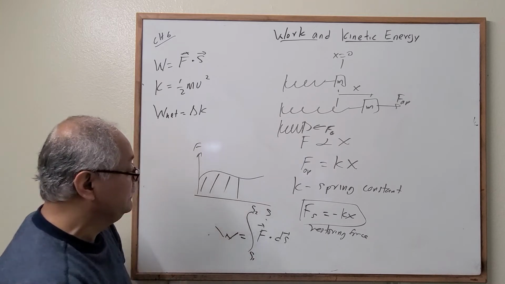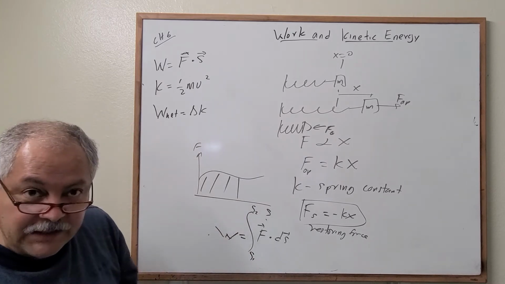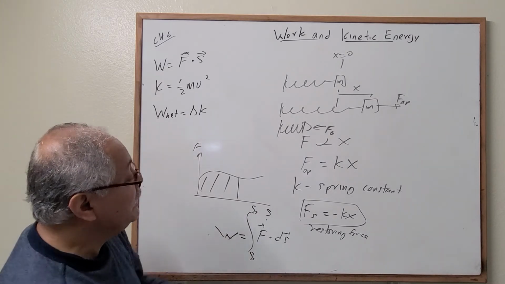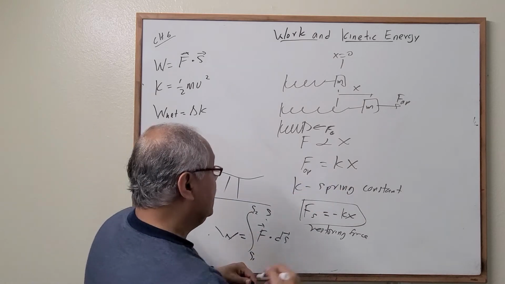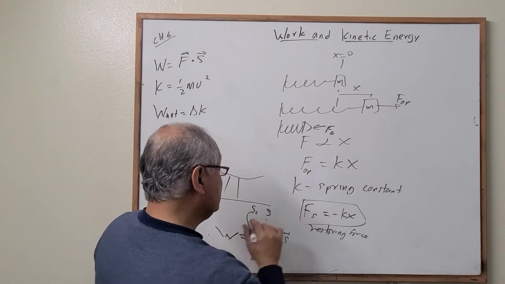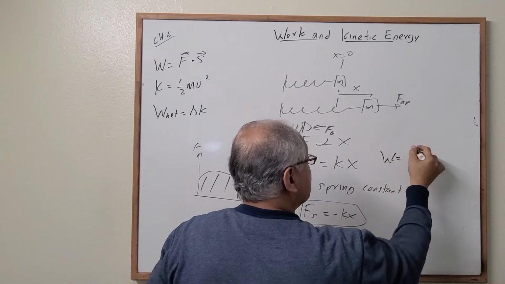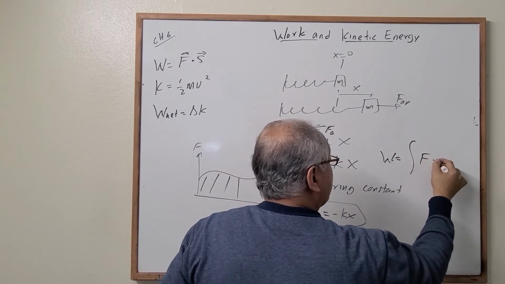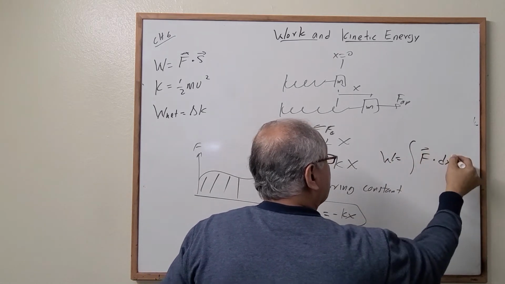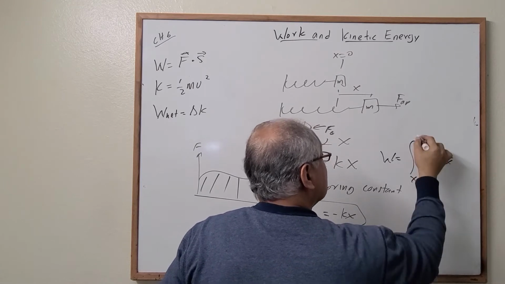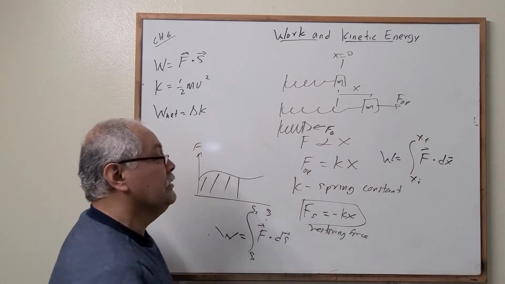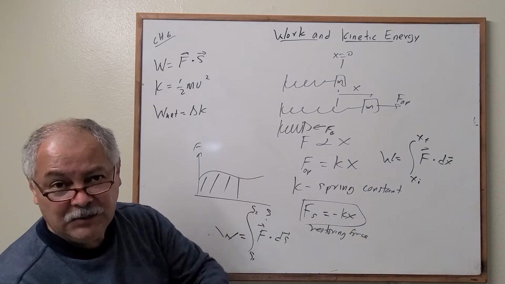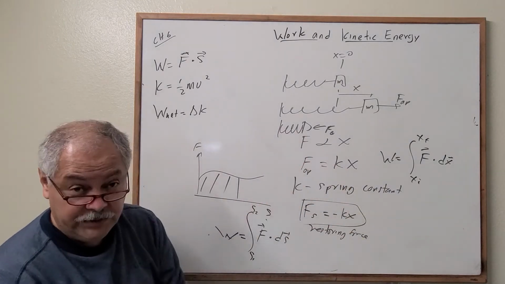Also, we usually use x instead of s. We are dealing with x in this case, so work equals the integral of force dot dx, from the initial position to the final position, when we're dealing with one direction, the x direction, for example.